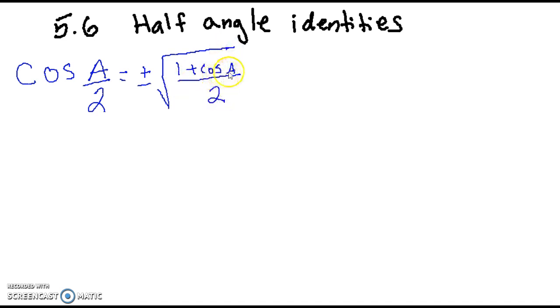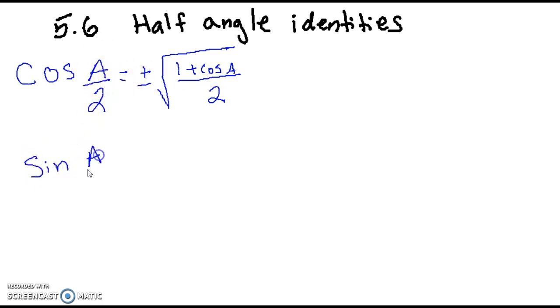If you're thinking about this, the angle inside will always be larger than this angle. So if I said your A value was 45, half of 45 would be 22.5. If this was 60, then this value would be 30.